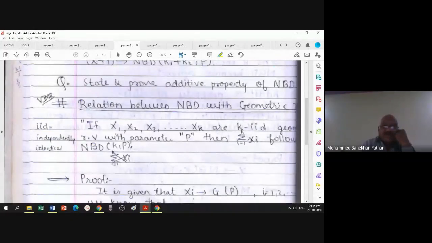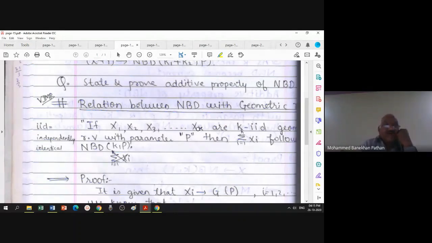Now let me explain what this abbreviation IID is. IID stands for independently identically distributed. That means the variables under study are independent. At the same time, they are identical.